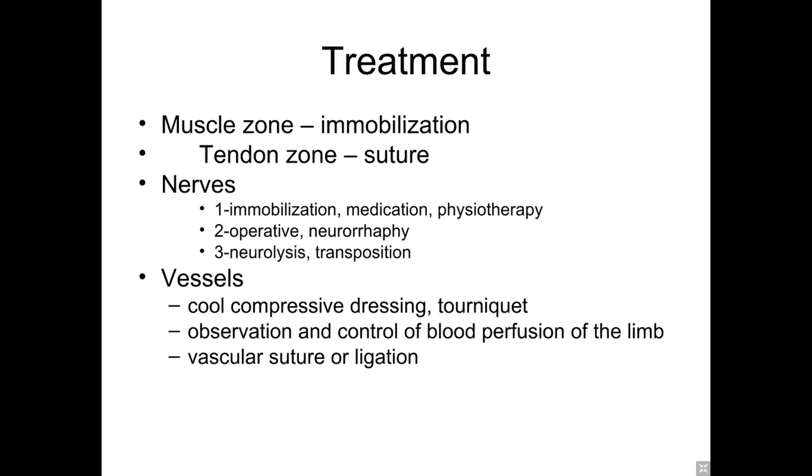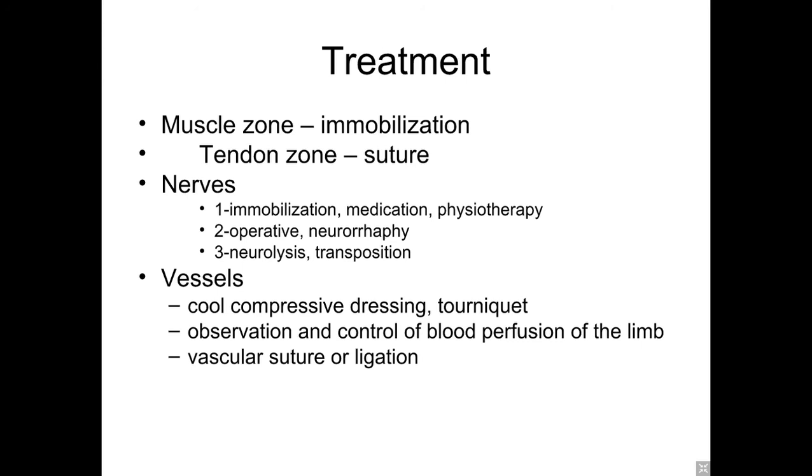I will repeat. First degree, neuropraxia. Second degree, axonotmesis. It means that the axons are destroyed, but the sleeves are healthy. And third degree, complete, the nerve is completely divided, and it is called neurotmesis.